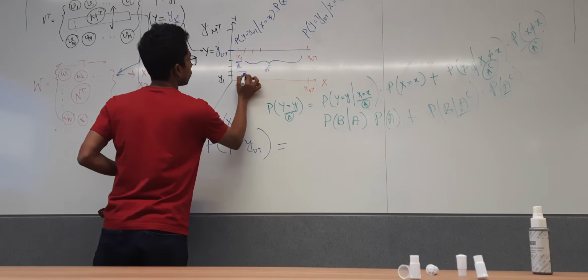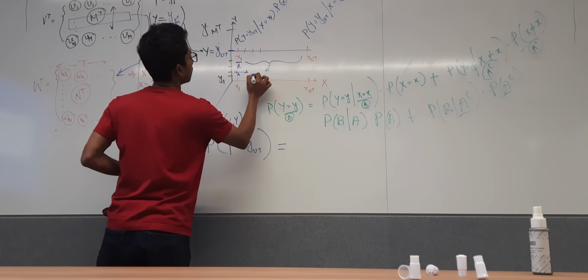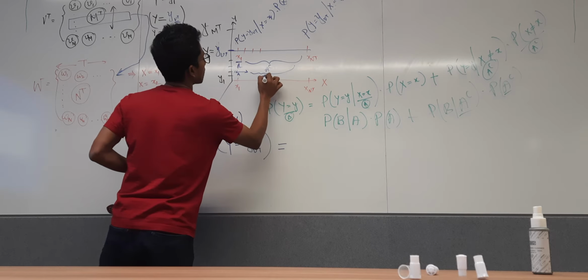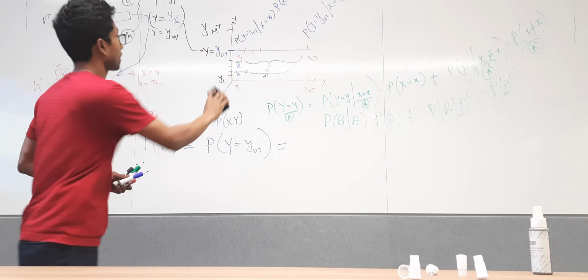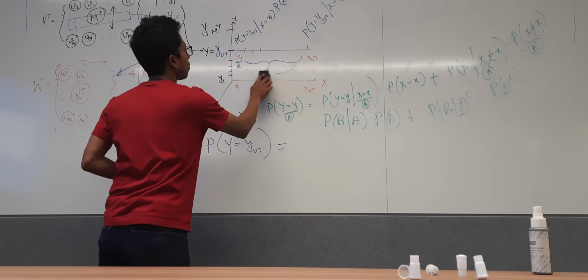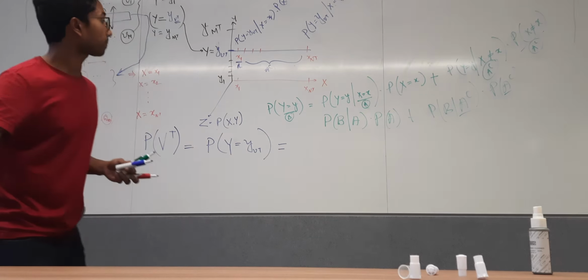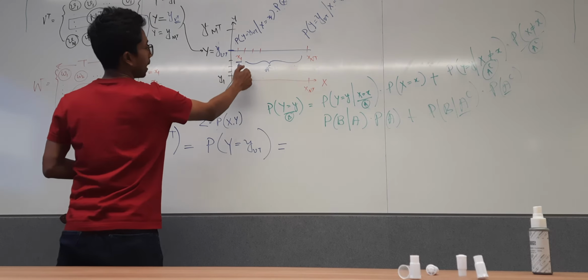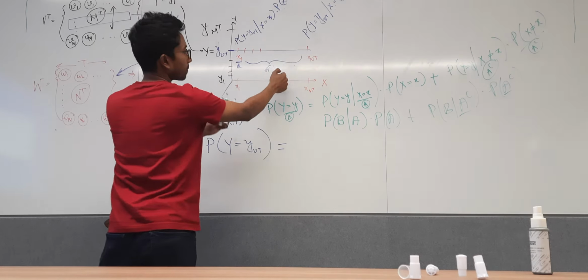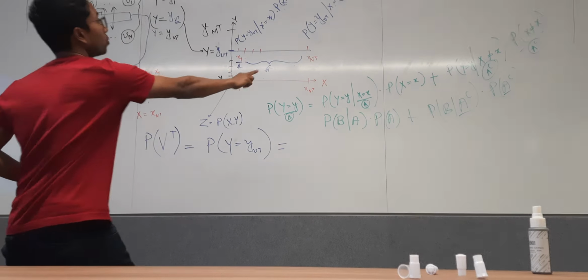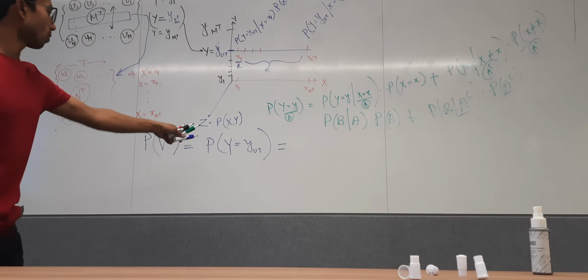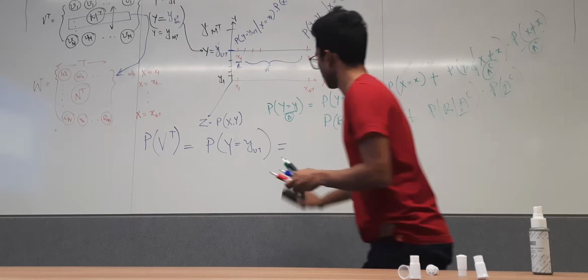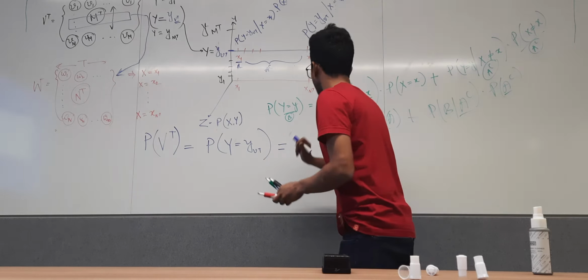Now if we take two events as a, the rest will be a complement. So I can write it as the law of total probability here: p of x equal to x1 plus p of x equal to x2 plus p of x equal to x3 and so on up to the last one. This will be simplified now.